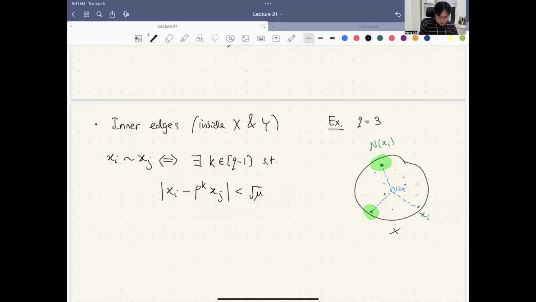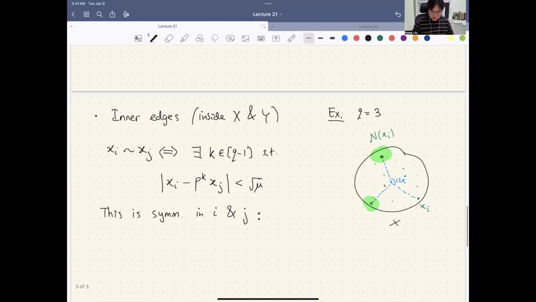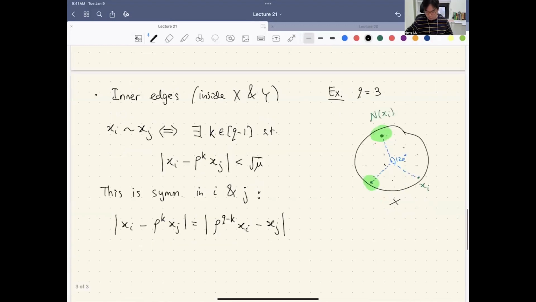This is symmetric in i and j, because this condition is the same as xi minus rho^k xj being small, you just multiply the other side by this. This is the same thing.